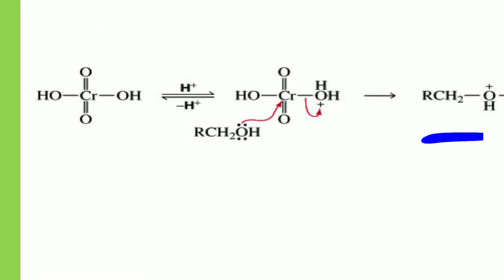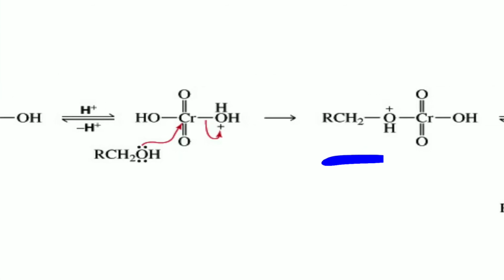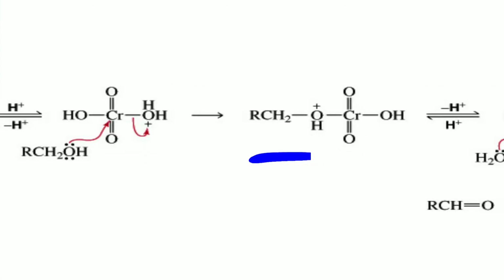Okay, do you understand? First of all, what happened here: the chromate in an acidic condition abstracts a proton and gets converted to a water molecule. Then the lone pair of the oxygen of the alcohol donates electrons to the chromium, at the same time the water molecule gets removed, and the alcohol is attached to the chromate.